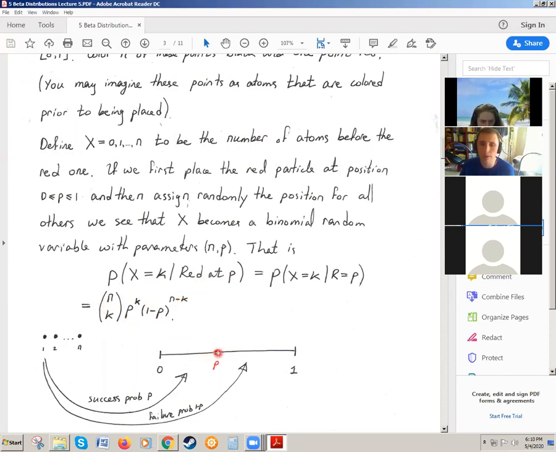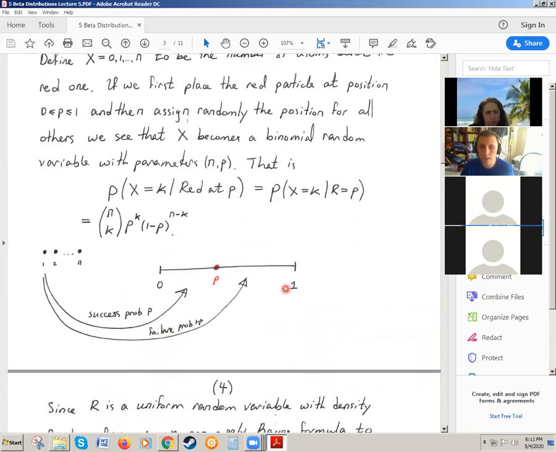It's just a binomial, right? And this is just the outcome that exactly k of those particles are in here. Yes? Because each of them is an independent trial, and each of those independent trials has success probability P, failure probability 1 minus P. So that's if I know where red landed.